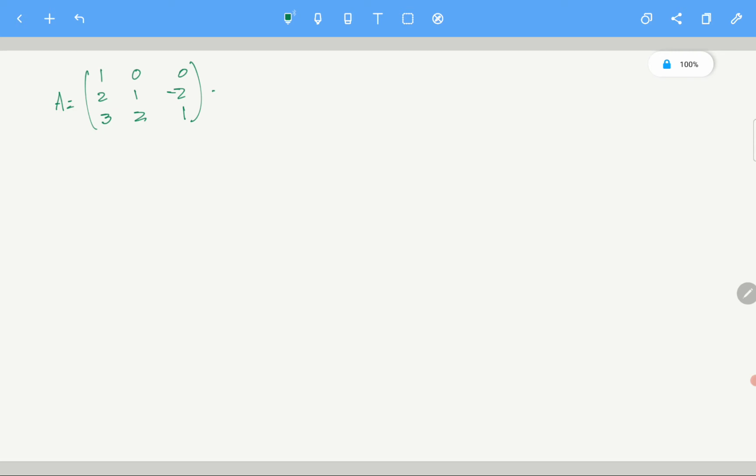Okay, so the eigenvalues are given by 1 and 1 plus 2i. Clear? We did this I think earlier.